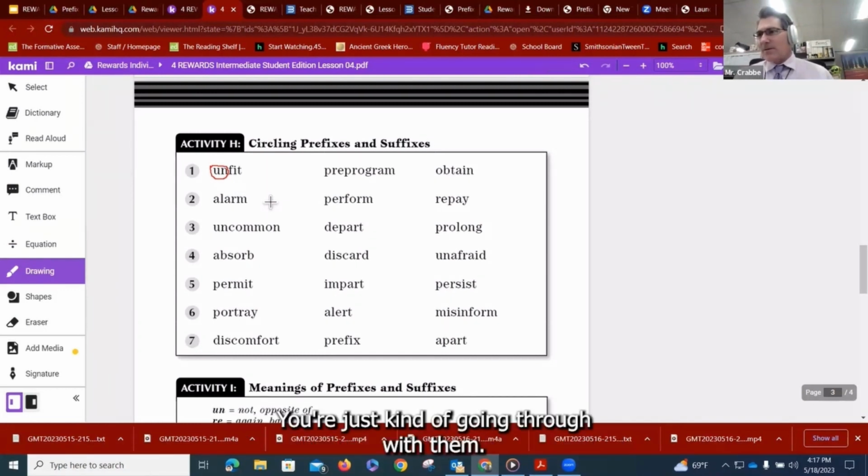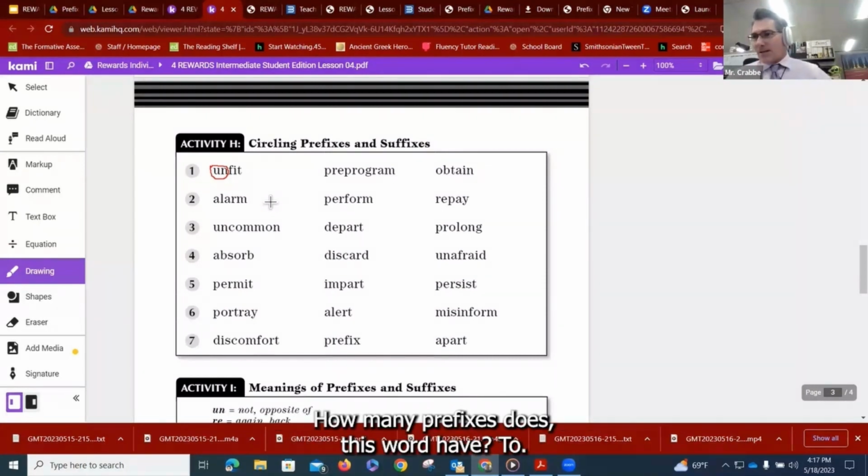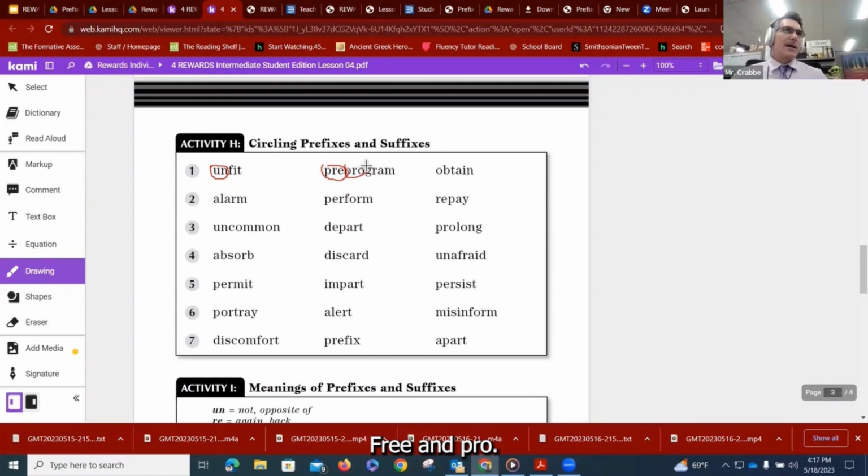You're just going through with them what they're going to do. Look at the second word, start at the beginning of the word and look for prefixes. How many prefixes does this word have? 2. That's right. Pre and pro. Great. Okay, so you will circle 2 prefixes.